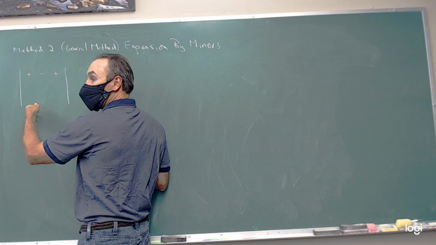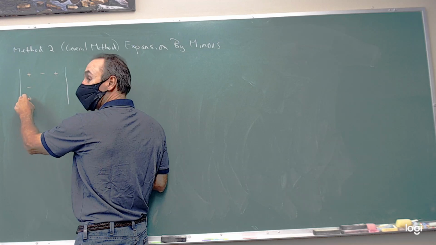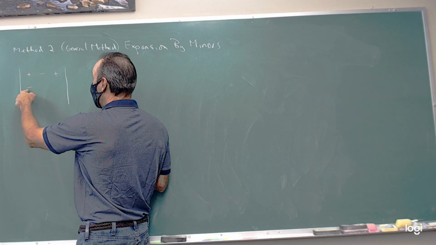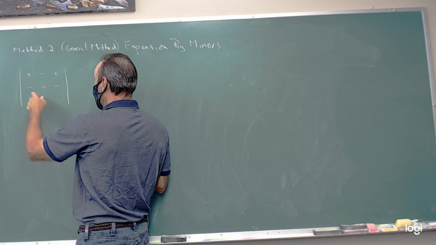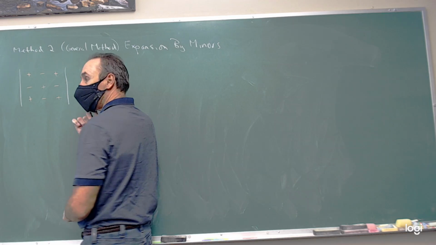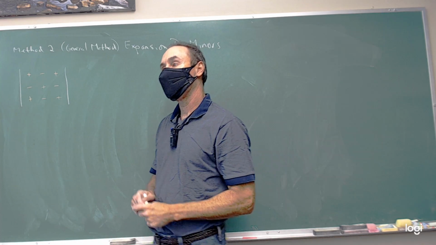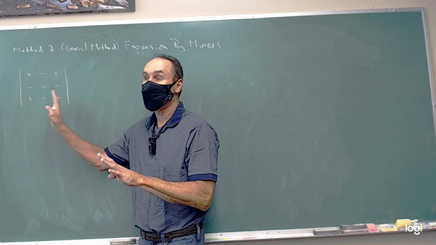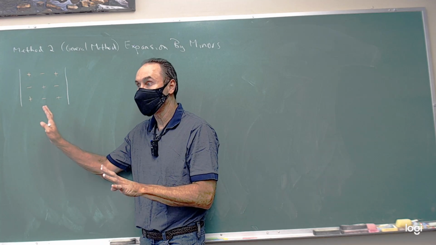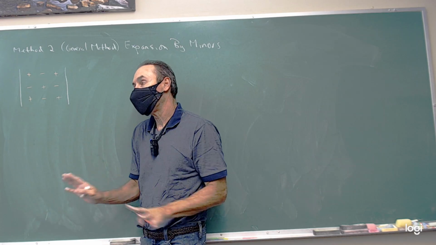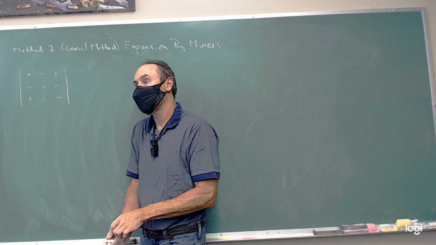Likewise, as we go down, minus, plus. And as we go back across, minus, plus, minus. It always alternates. So that would be the sign pattern, and we'll talk about how we're going to use this in a minute. But first, there's a sign that is associated with the position in the determinant.